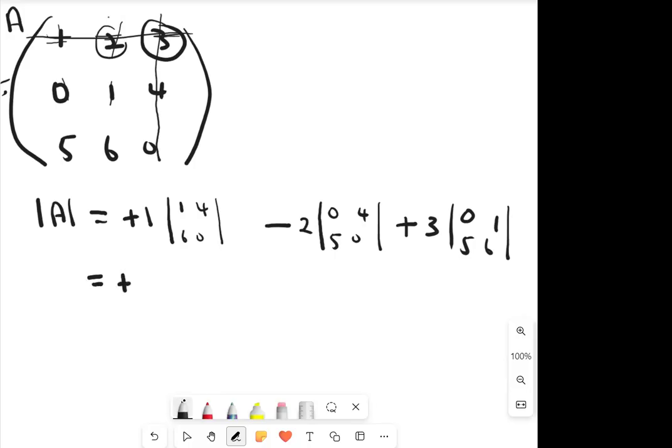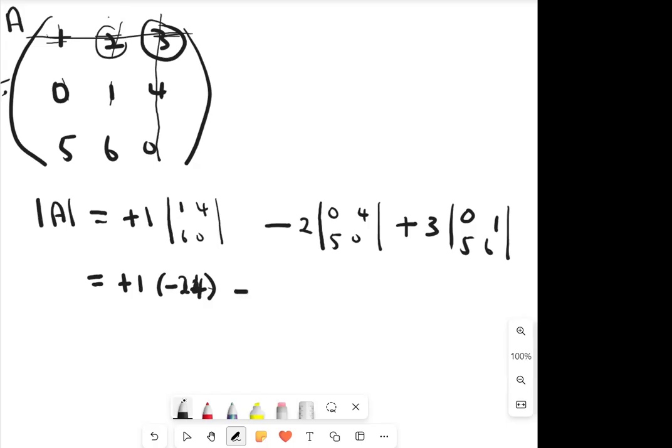So it's positive 1 multiplied by the determinant: 1 by 0 is 0, minus 6 by 4, which is 24. So 0 minus 24 is minus 24.